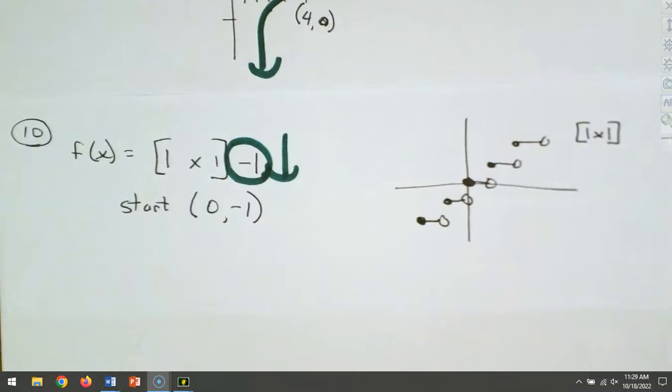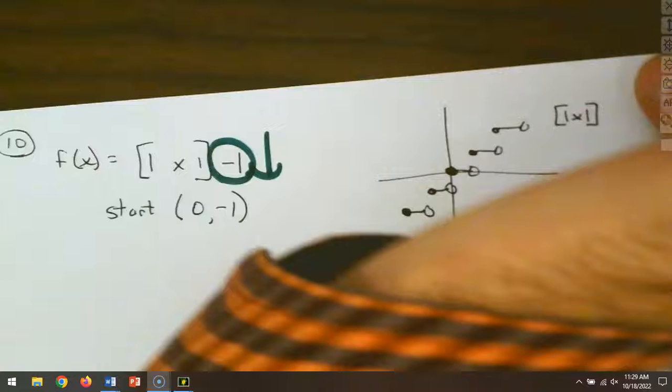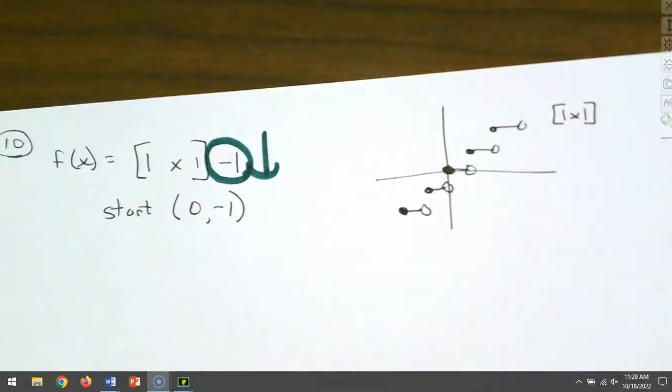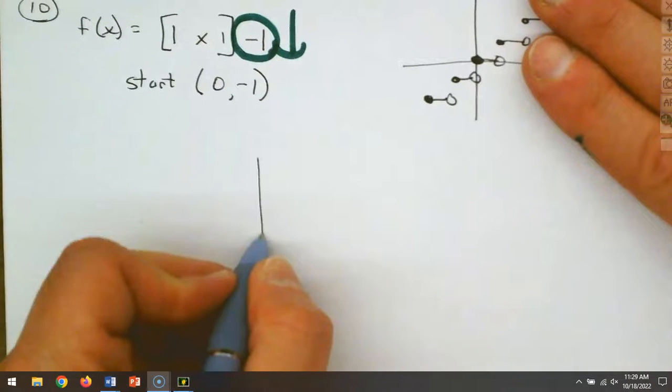So that's where we begin. When we go to graph these, we always start with a closed circle. So we're going to begin with a closed circle, and we have a closed circle at 0, negative 1.